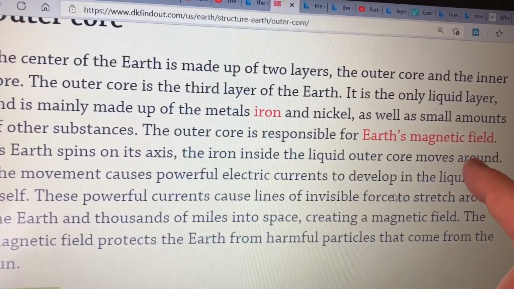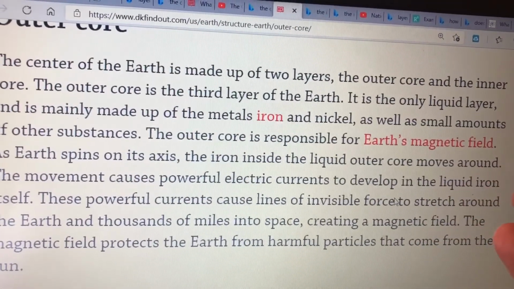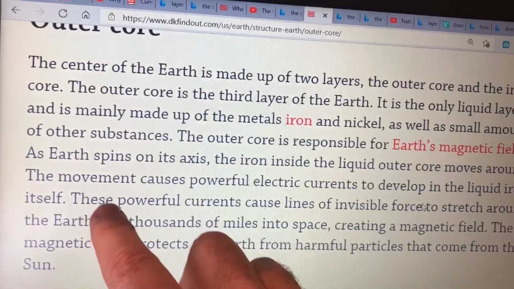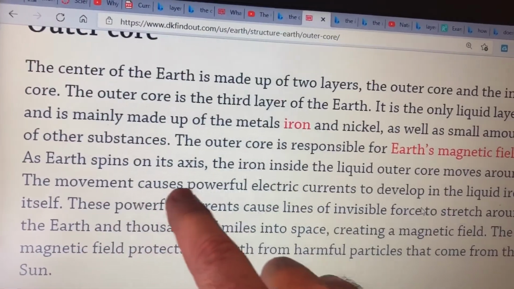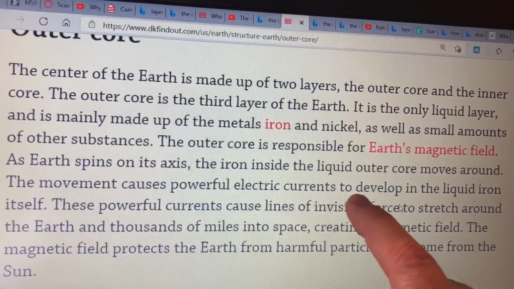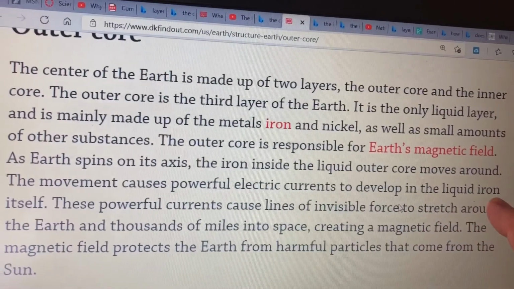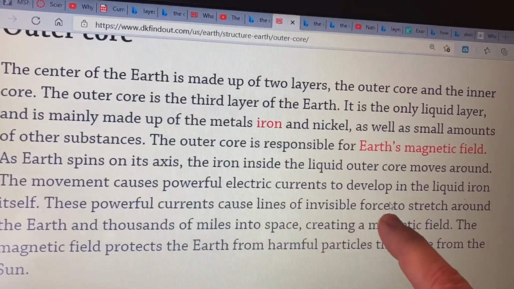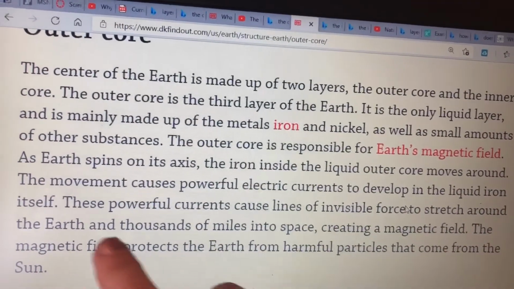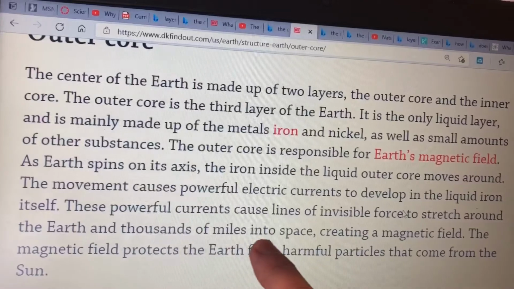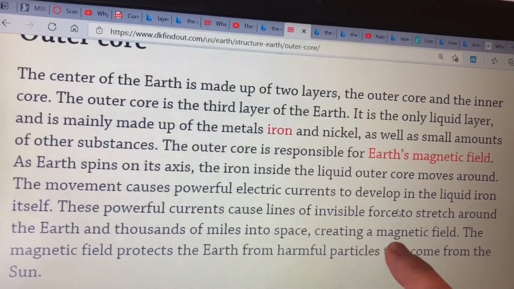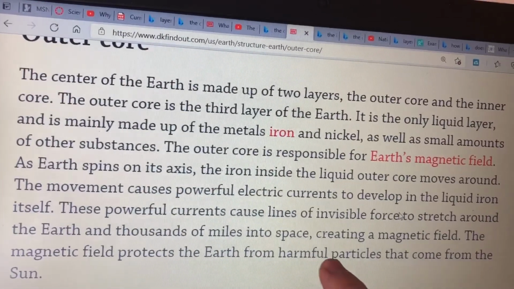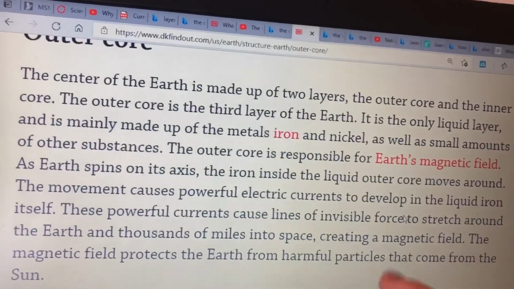It also moves. So the Earth is spinning, there is liquid iron inside, so the iron is going to move. The movement causes powerful electric currents to develop in the liquid iron. These powerful currents cause lines of invisible force to stretch around the Earth and thousands of miles into space, creating a magnetic field. The magnetic field protects the Earth from harmful particles that come from the sun.